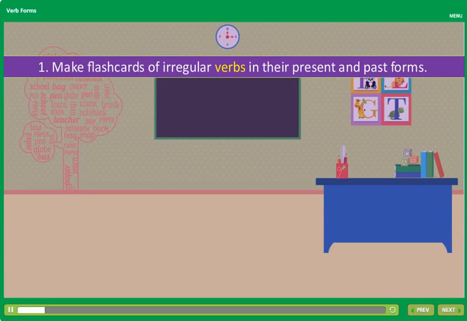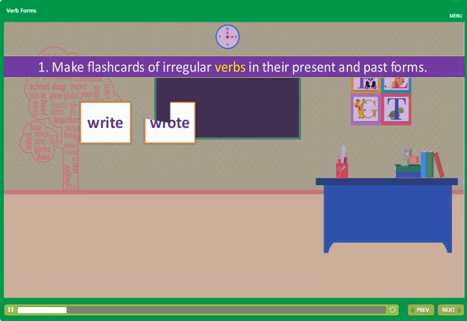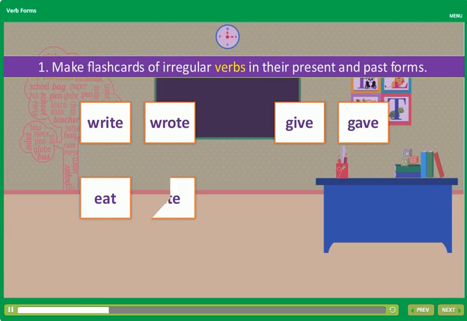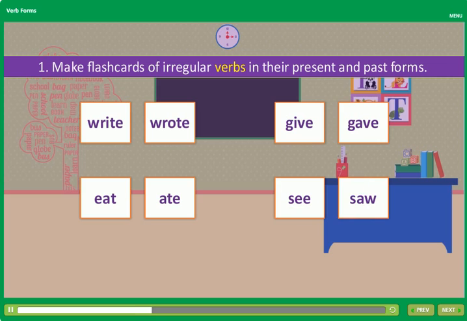Remember, irregular verbs have to be memorized. Here are few easy exercises to do in class to practice remembering irregular verbs.